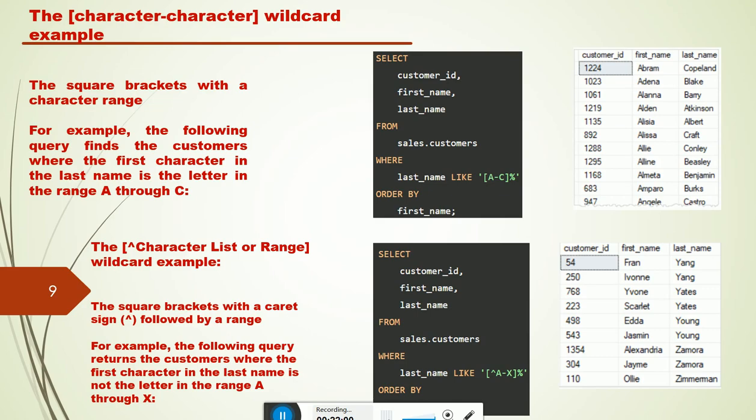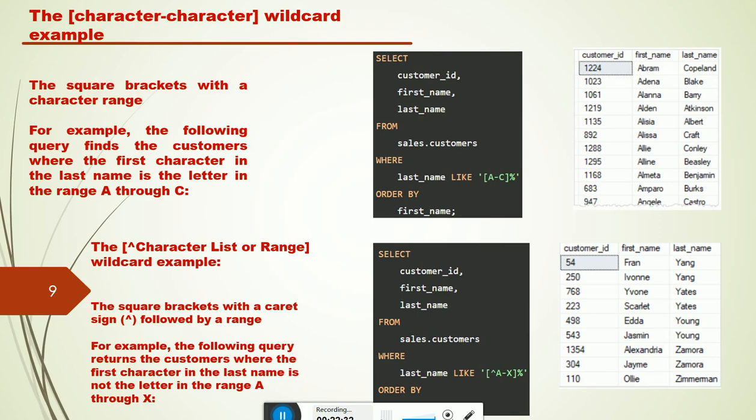SELECT customer_id, first_name, last_name FROM sales.customer WHERE last_name LIKE '[A-C]%', that is the characters A, B and C, a list of characters, and the percent sign.